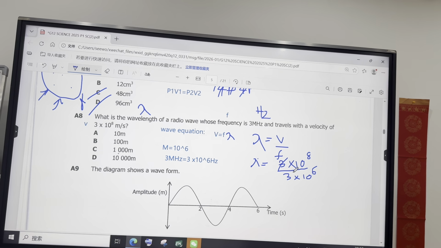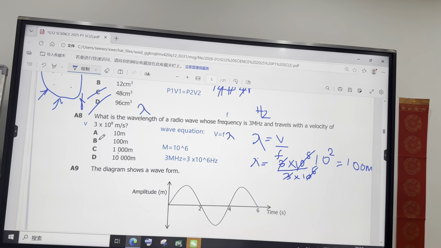So this and that will cancel, 10 to the power 6 will cancel. There we're going to have 10 to the power 2. Or if you want, you can use your calculator here. And 10 to the power 2 is simply 100. Meters. So our wavelength here was 100 meters. So the answer here is B.